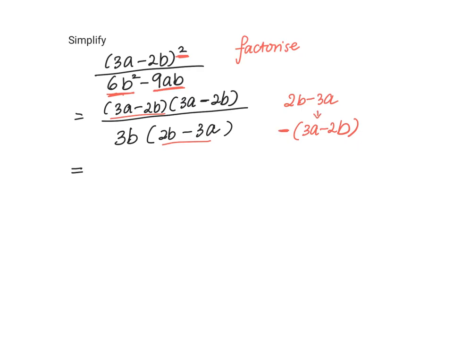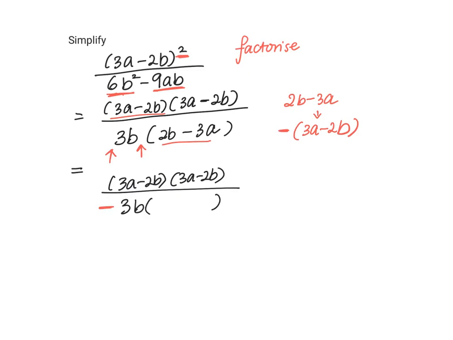Now please do not write your negative sign down here, because it will become a subtraction. I should multiply my negative sign to the number. So in this case, my numerator is the same. And then I will get a minus, multiplying the negative to a number, negative 3b.